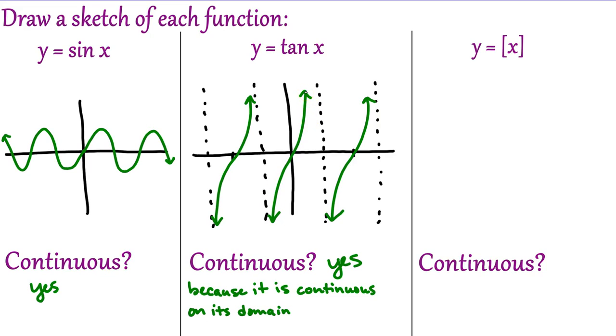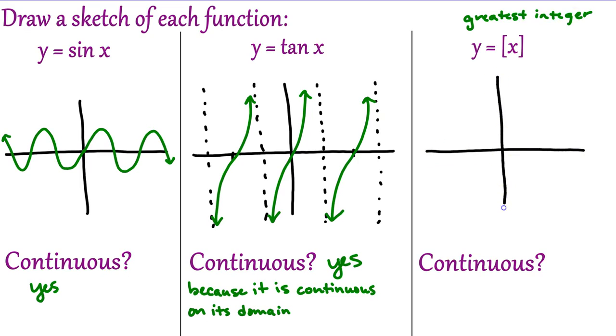How about the third one? Y equals, now you might not have seen this very often. Those square brackets mean the greatest integer function. This is the step function, where you always round things down to the nearest integer below.